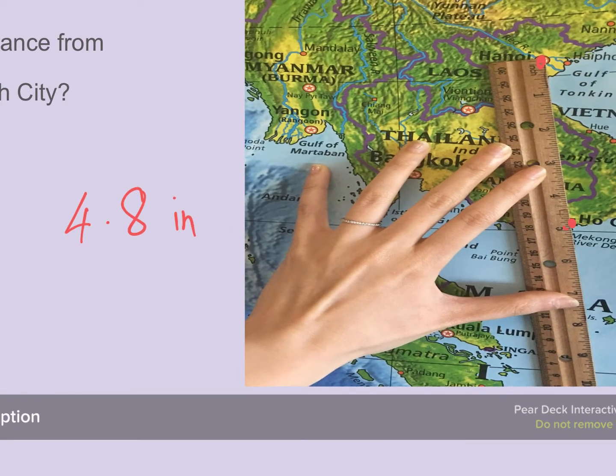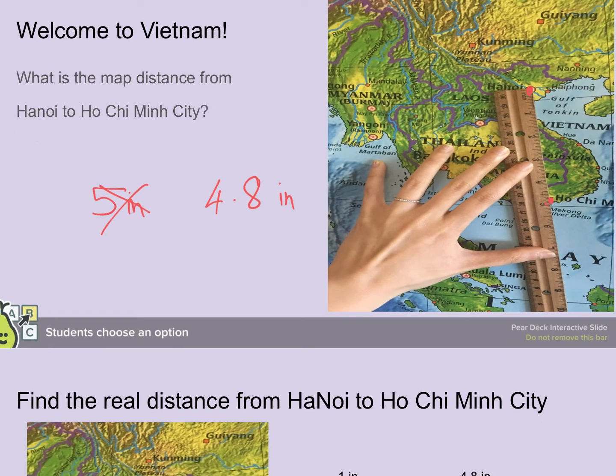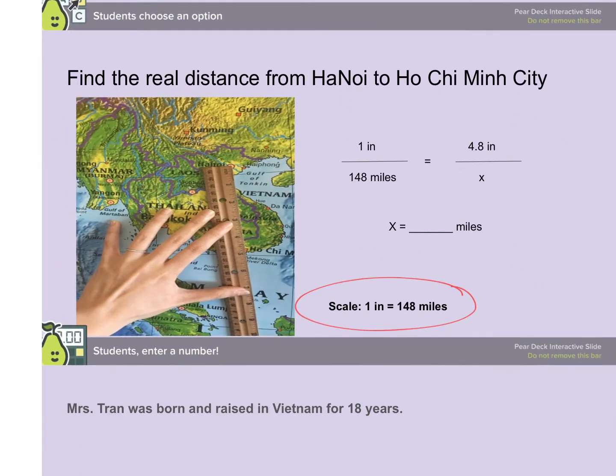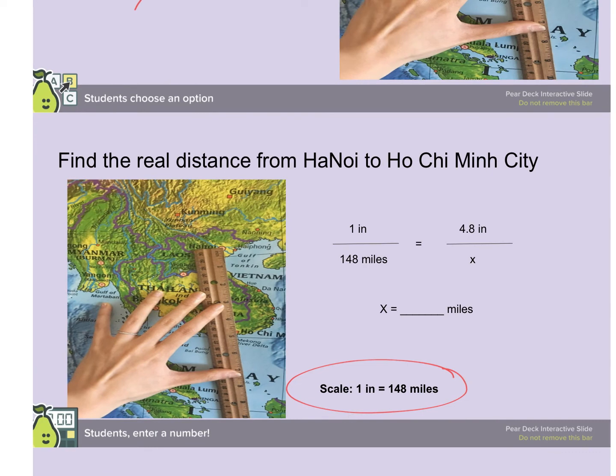So don't forget this is a decimal, it's not equivalent to 5. It's just 4.8. All right, students enter a number. You're going to cross multiply and find the real distance from Hanoi to Ho Chi Minh City. I'll give you a moment. You can pause the video and do the math part and then compare the answer with me.